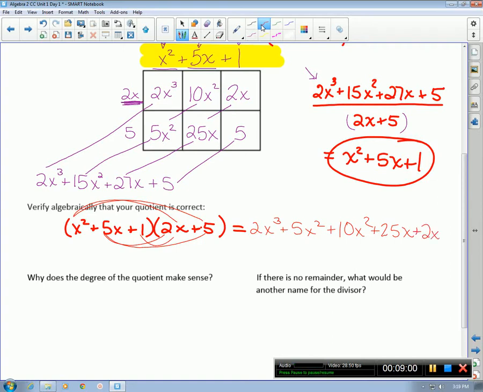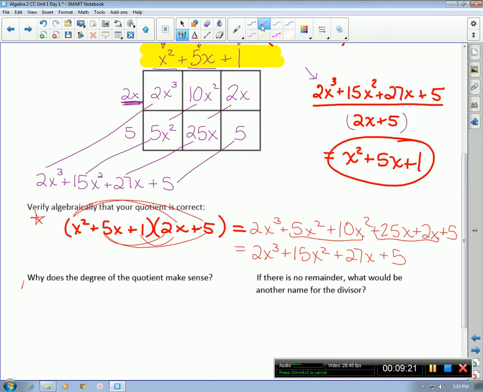And 1 times 5. Combining like terms, I get 2x cubed plus 15x squared plus 27x plus 5. And we are good. We have verified.